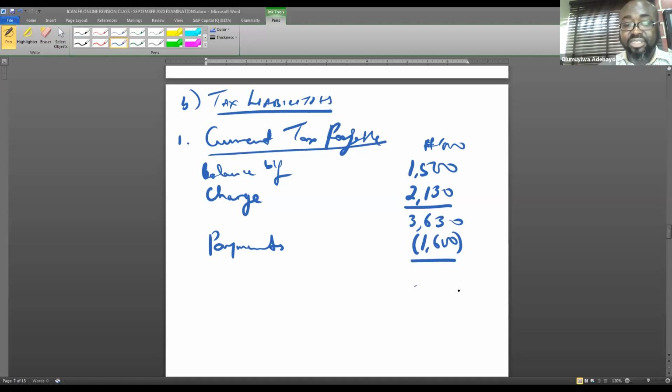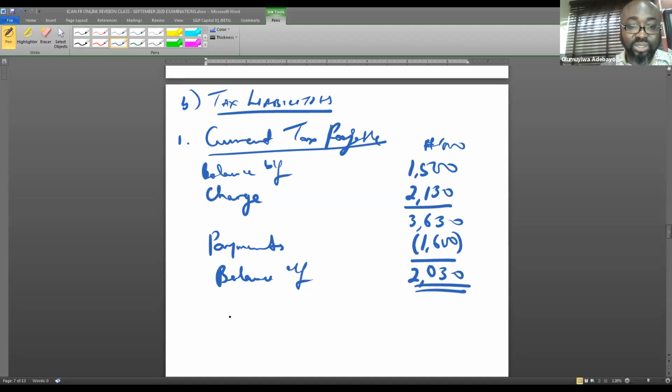Therefore, what is left to carry forward to our balance sheet is 2,030. Now, this 2,030 is made up of 2 million for estimated tax for the year and 30,000 for the capital gains tax. The 100 will have been paid along with the 1.5. That's how we arrive at 1.6.